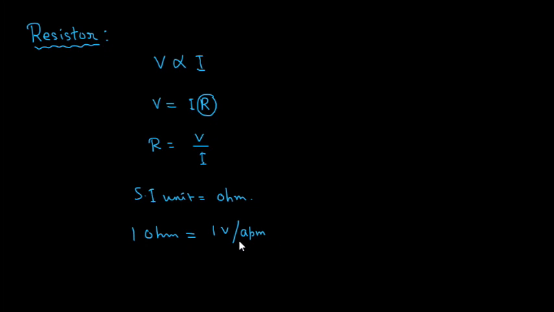So when an electric current of 1 ampere is passed through a potential difference of 1 volt, then the resistance of that conductor or of that material is known as 1 ohm.